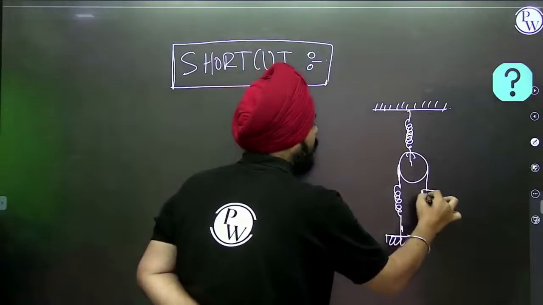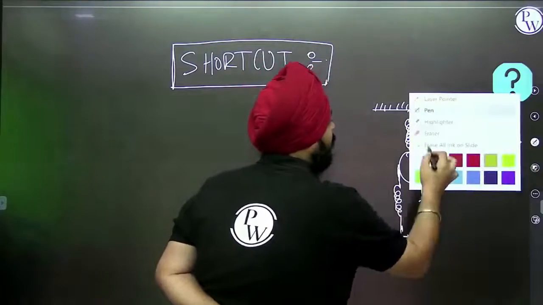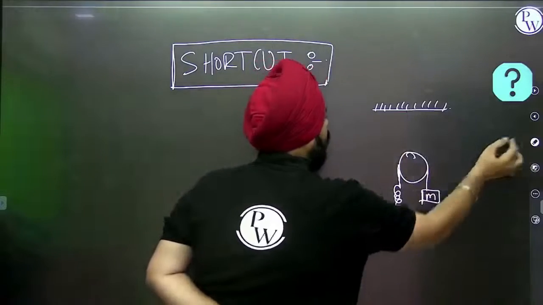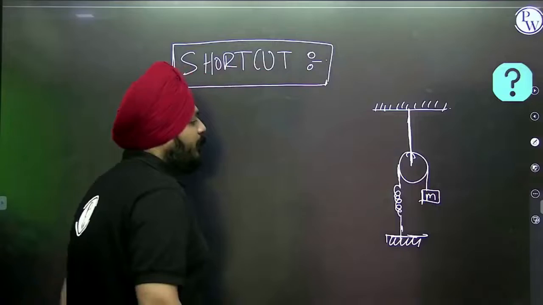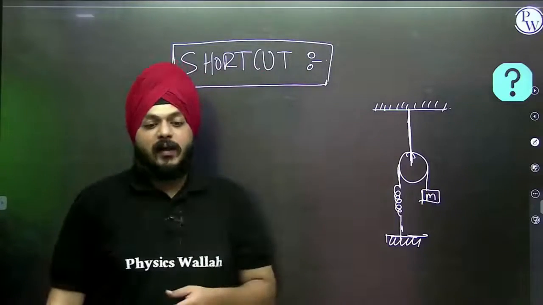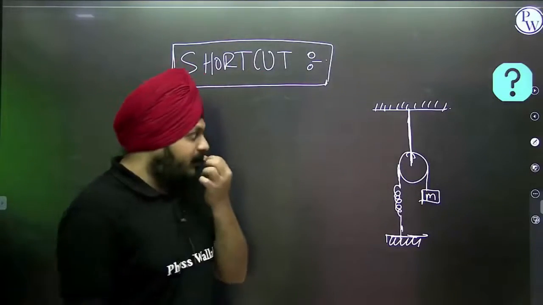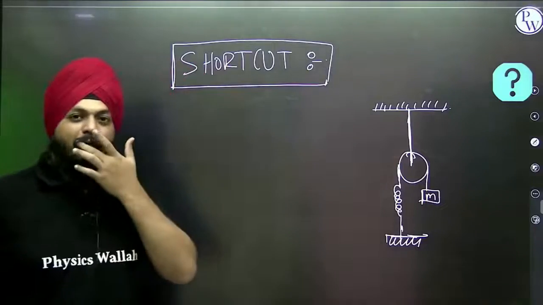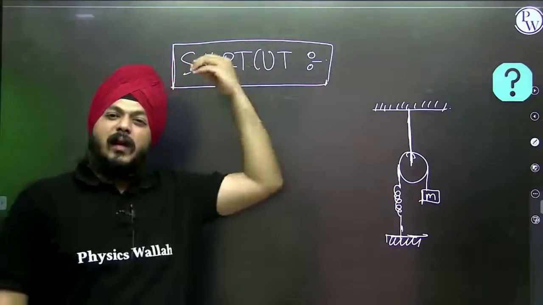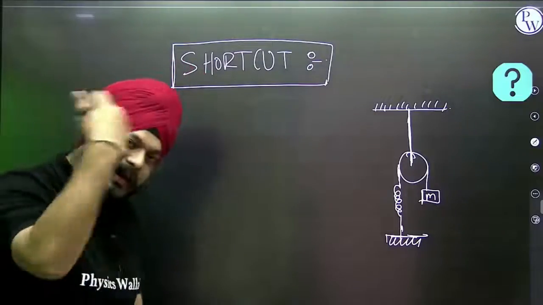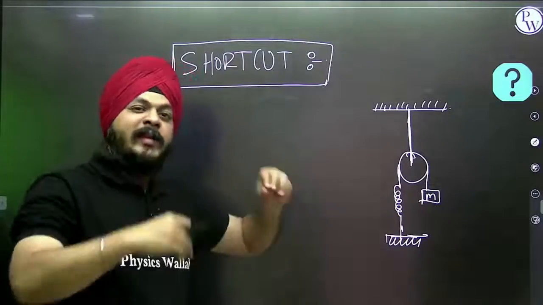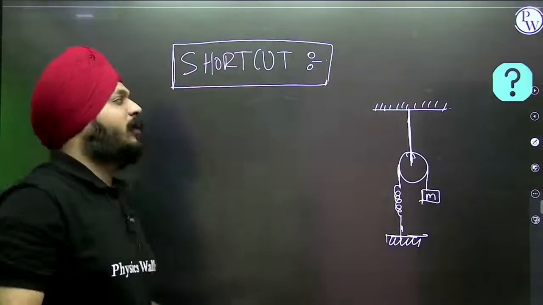And we need to calculate the time period for the SHM. A pulley-mass system is there with springs attached to it. For this a displacement method is there and lots of other things, but I'm going to provide you a direct shortcut, no need for anything else, and that shortcut is applicable everywhere.